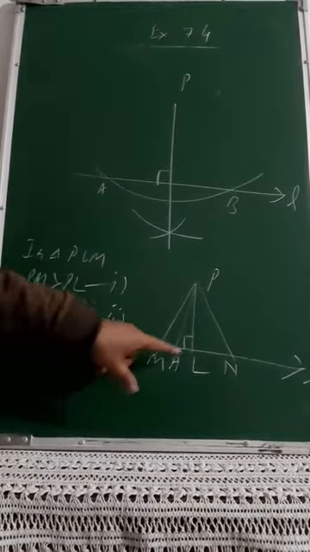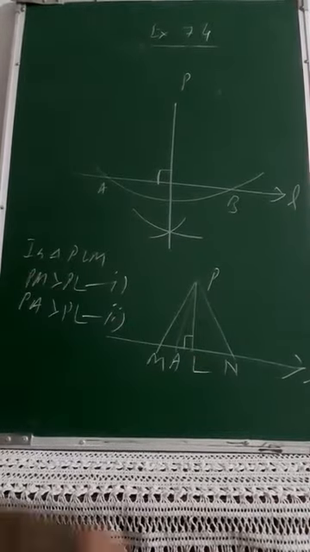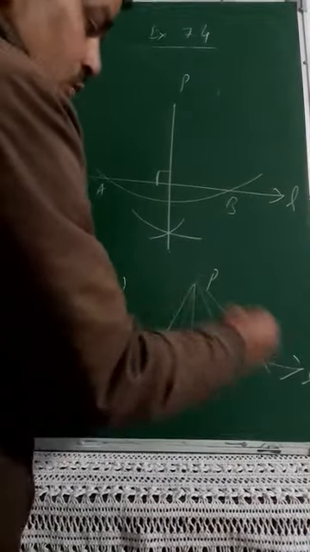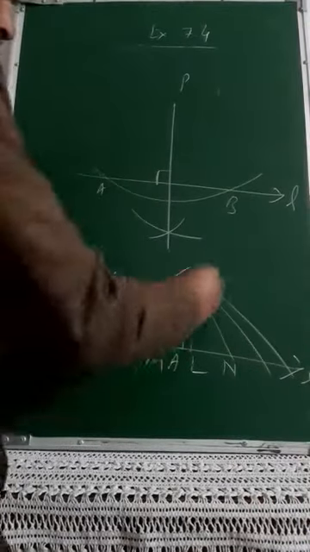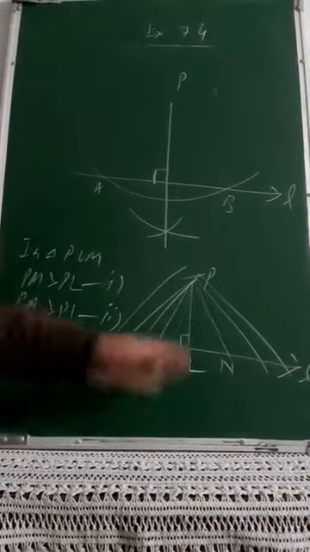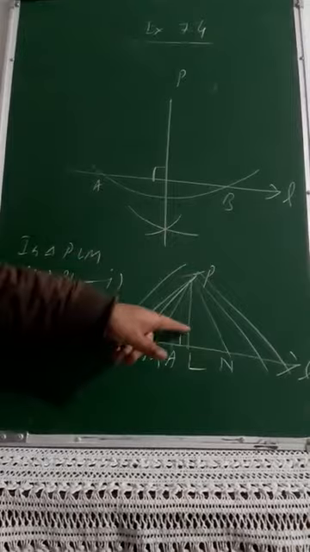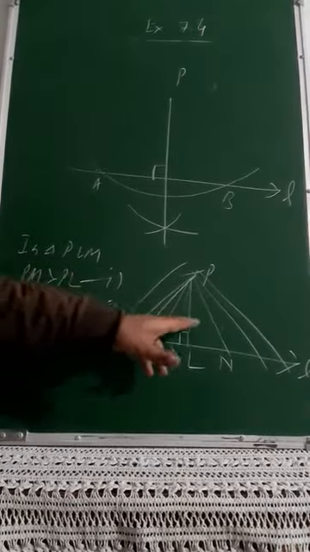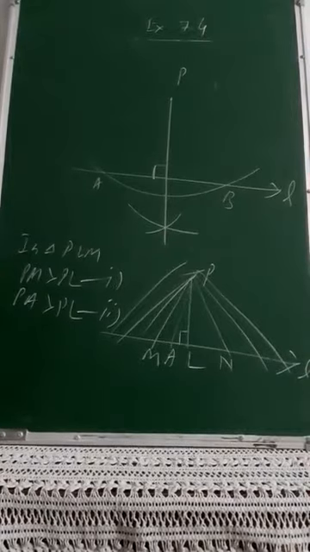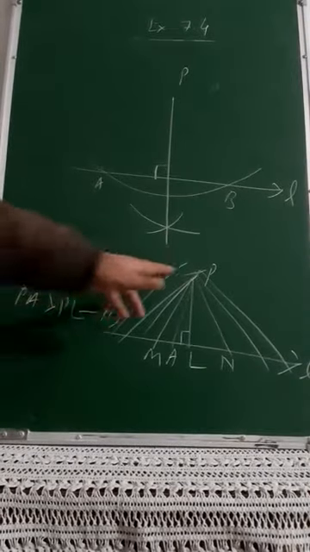My PM will always be greater than PL. My PN will be greater than PL, and so on. You keep on drawing as many lines as you want from P to L. All the times, with respect to this PL, the other lines will be playing the role of hypotenuse, which will always be greater than your PL.